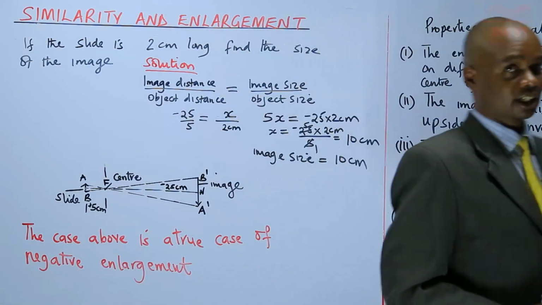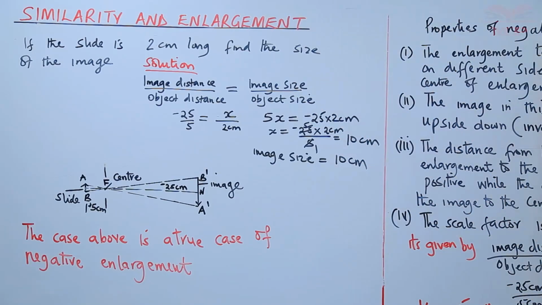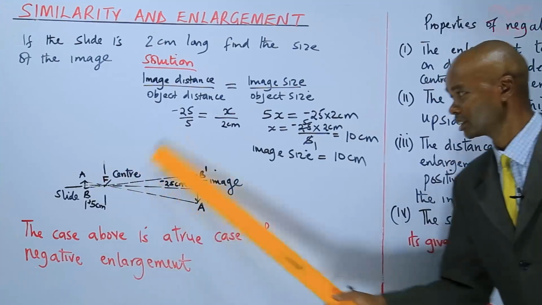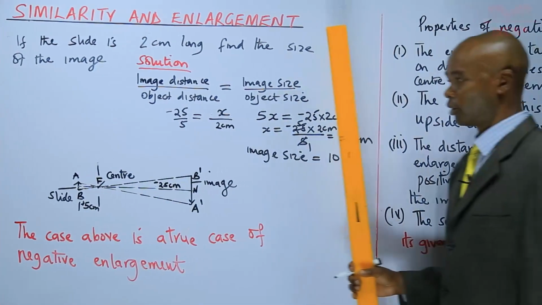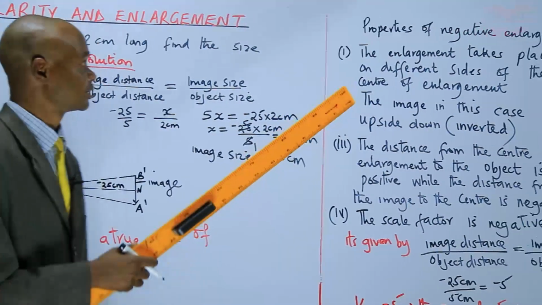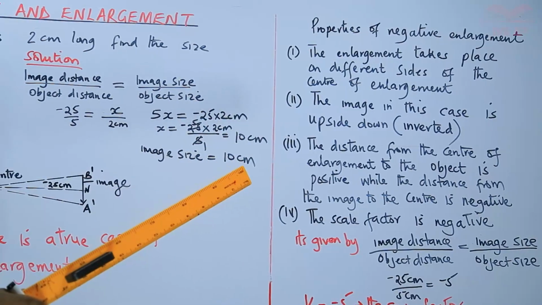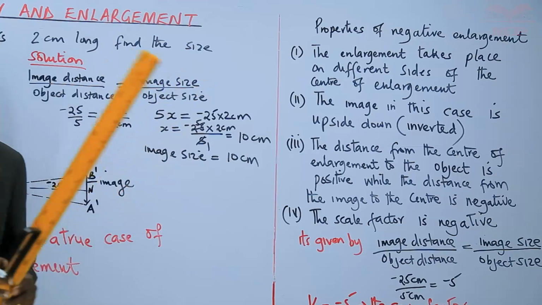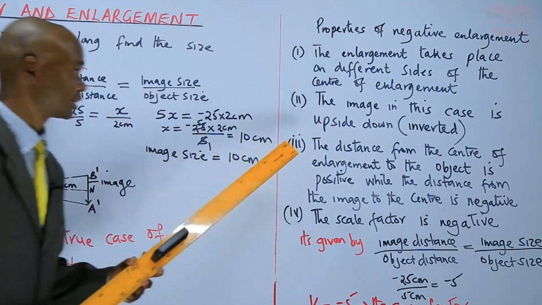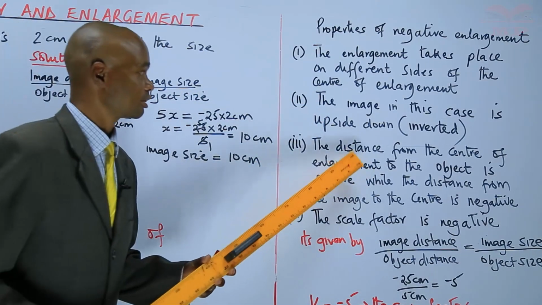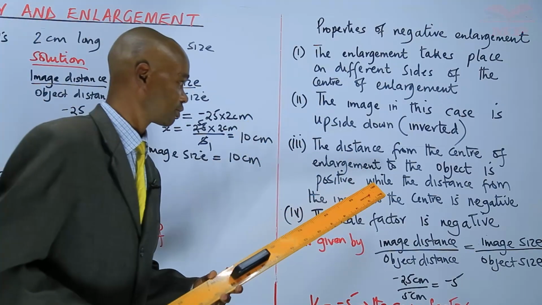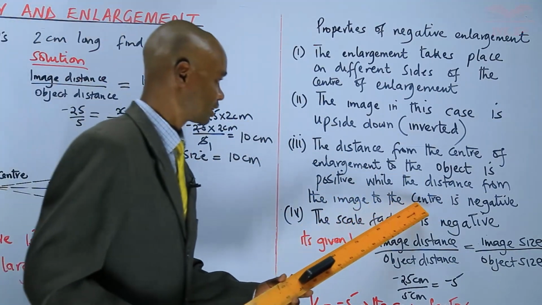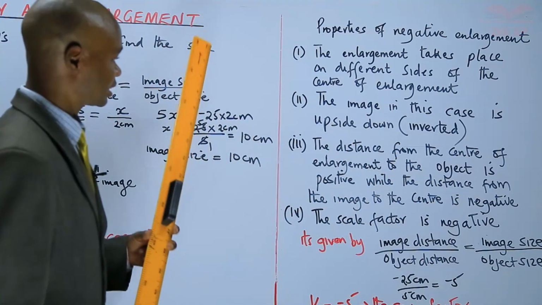So let's recap what we've gone through in our negative enlargement. One, the enlargement takes place on 2 different sides of the center of enlargement. Two, the image in this case is upside down. Three, the distance from the center of enlargement to the object is positive, while the distance from the image to the center is negative.